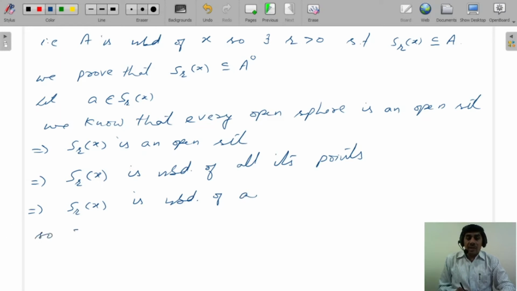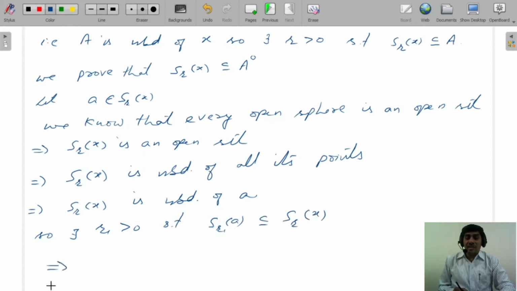So there exists r1 greater than 0 such that the sphere centered at a with radius r1 is contained in S_r(x).